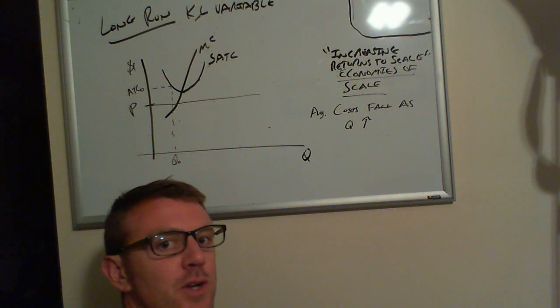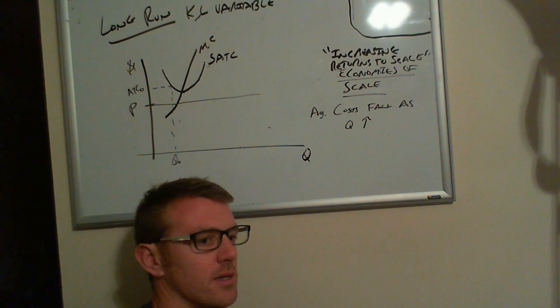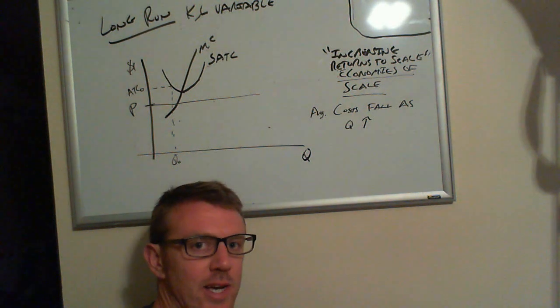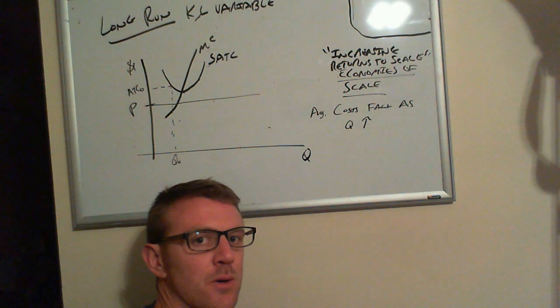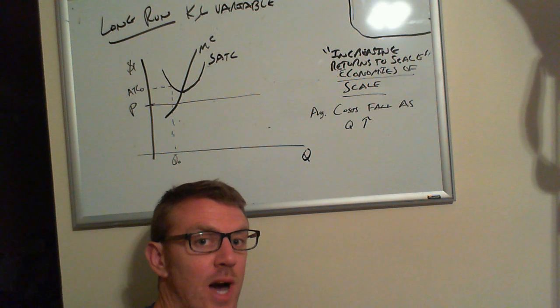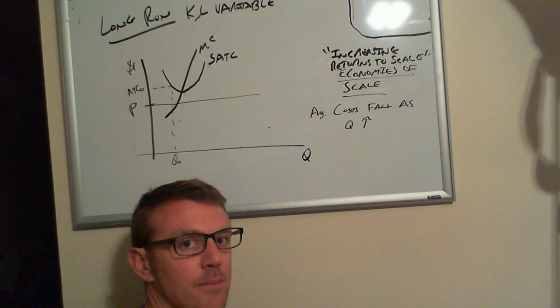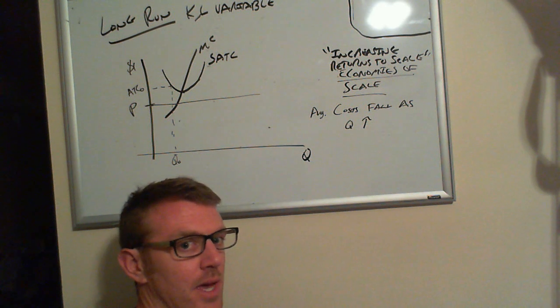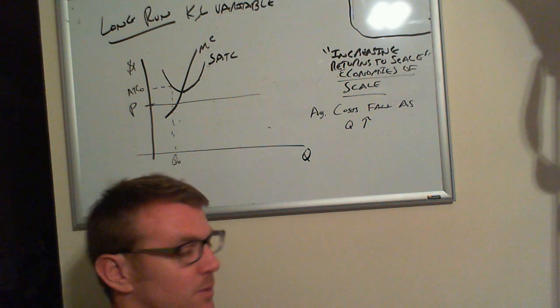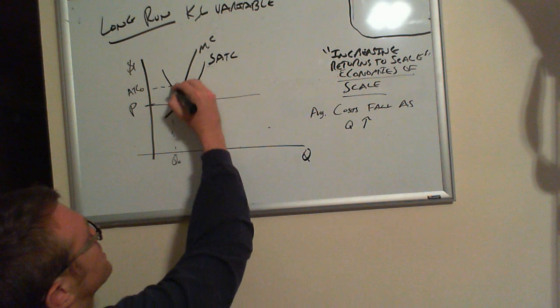Well, one thing the firm can try to do to lower their costs is hire more workers and let them specialize. We saw a portion of the total product curve where workers became more productive as we hired more of them. They were able to specialize, like the pizza place we were talking about. Let's suppose this firm hires more workers and increases output, so they produce more stuff.